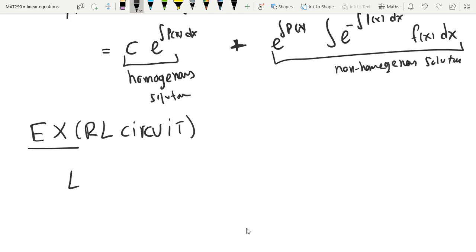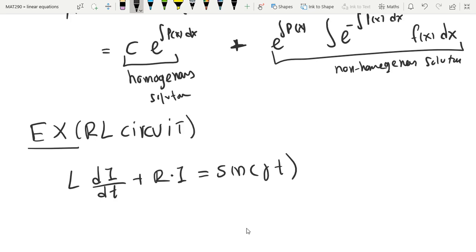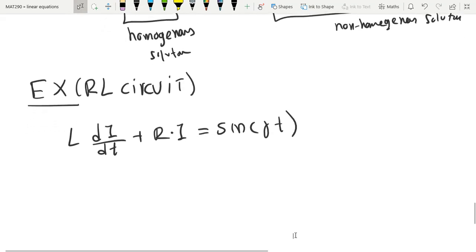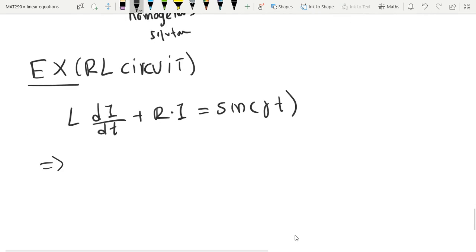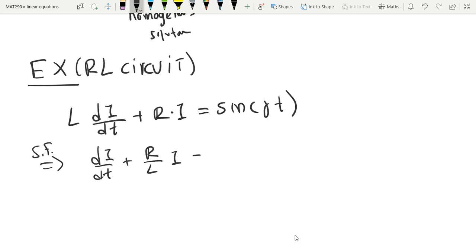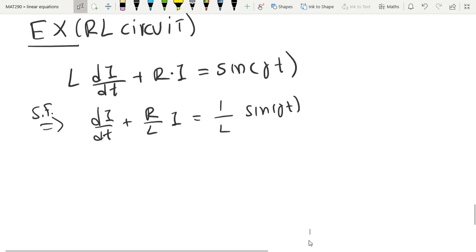So we have L dy/dt plus R times the current equal to the voltage. Okay, so first we convert it to standard form. And now we follow the steps from the previous video.